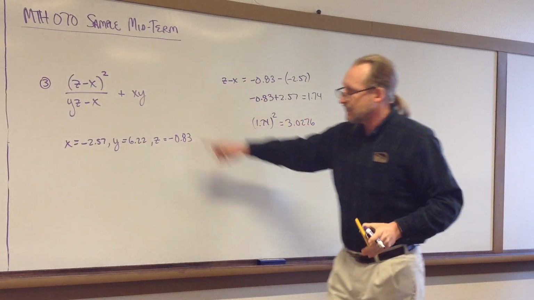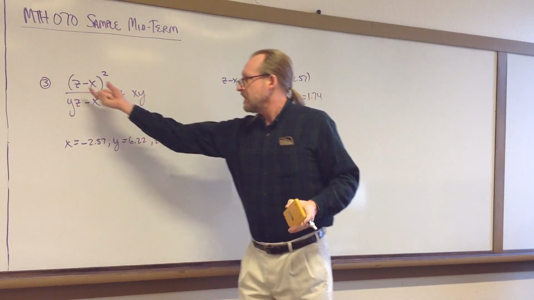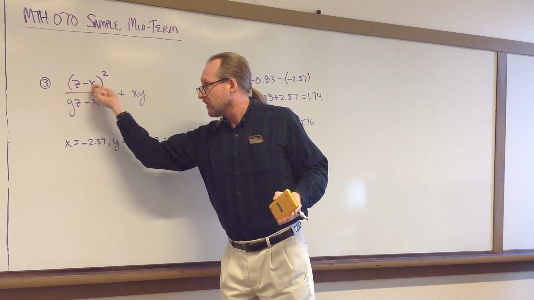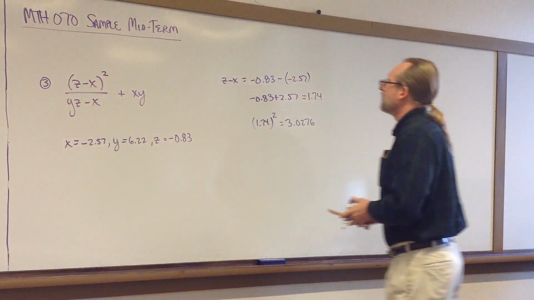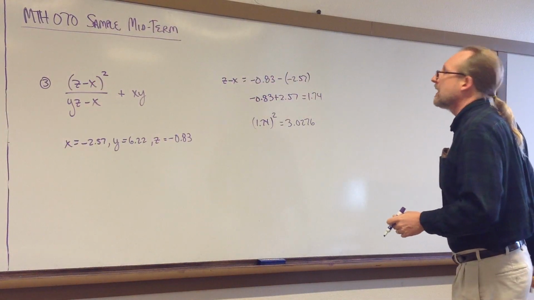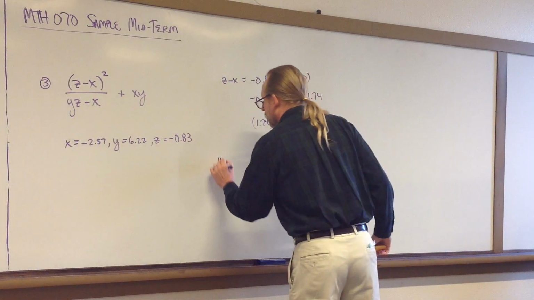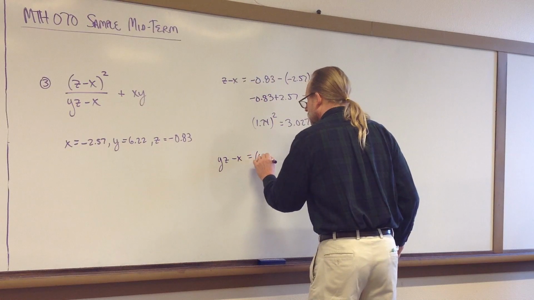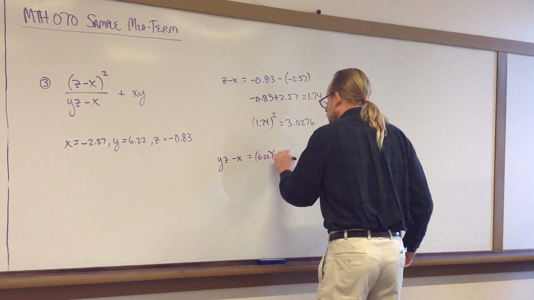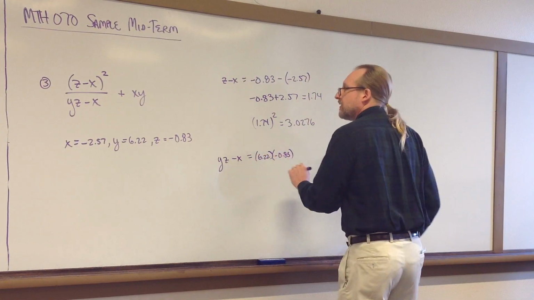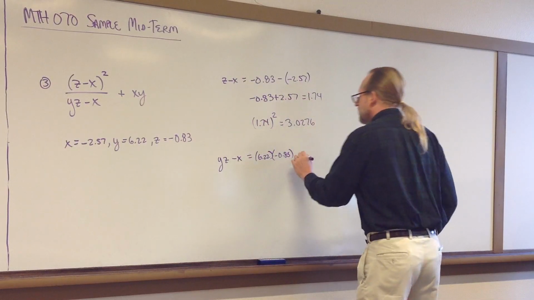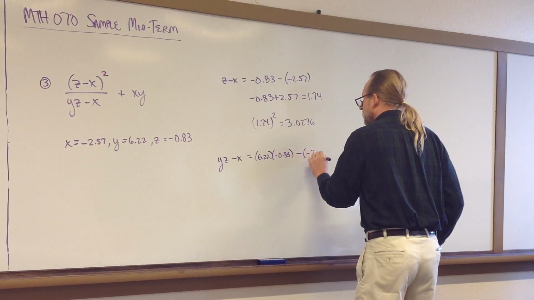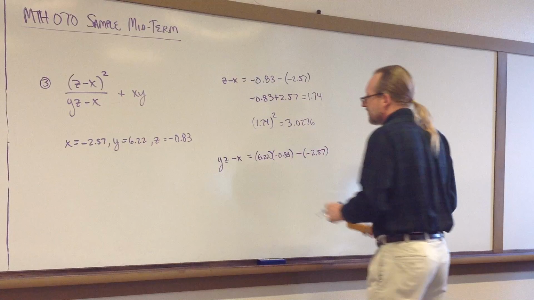Okay. Now notice I didn't try to square these individually. We need to do what's inside the parentheses first and then apply the exponent to it. Okay. Now we want to do yz minus x. So y 6.22, z is negative 0.83, and then again this minus x we're going to have minus negative 2.57.